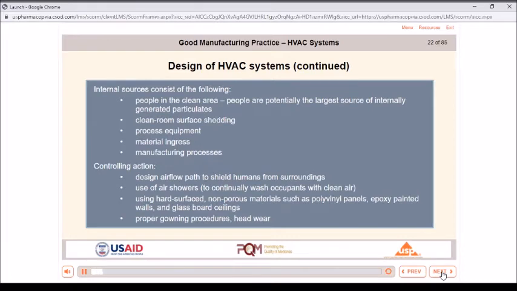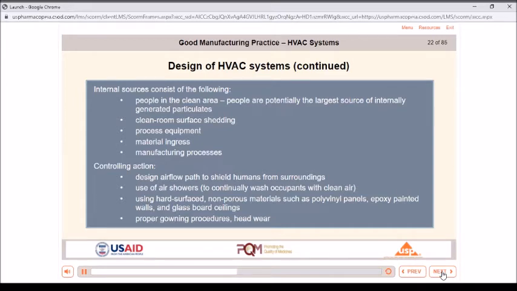Design of HVAC systems, continued. Internal sources consist of the following: people in the clean area. People are potentially the largest source of internally generated particulates. Clean room surface shedding, process equipment, material ingress, manufacturing processes.